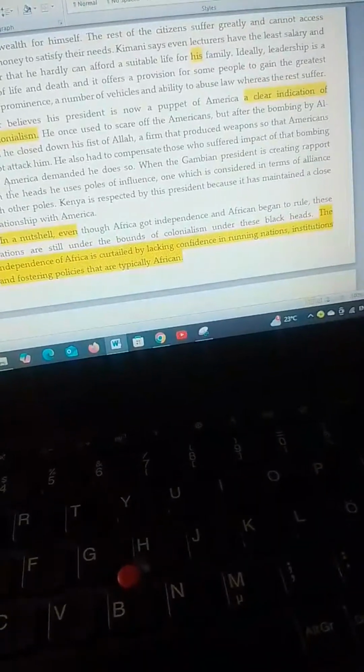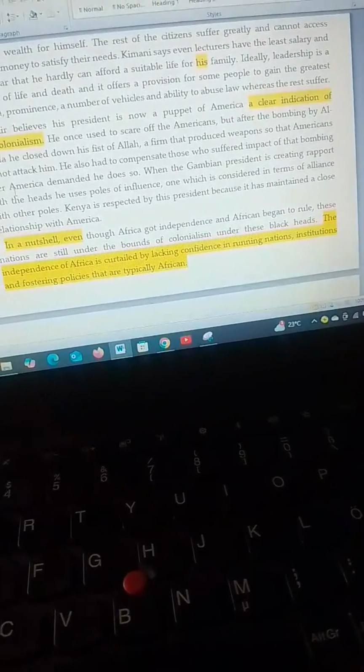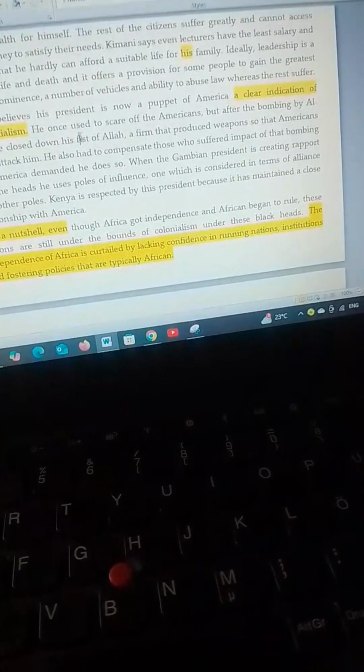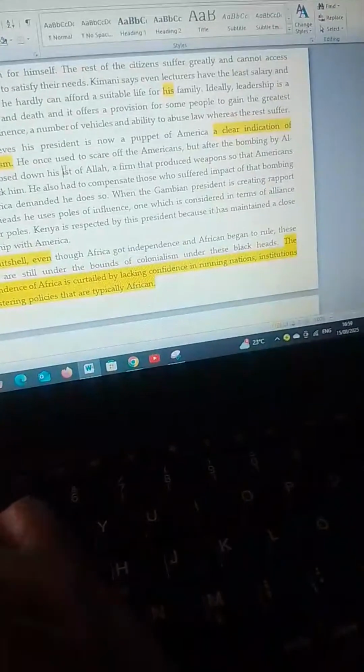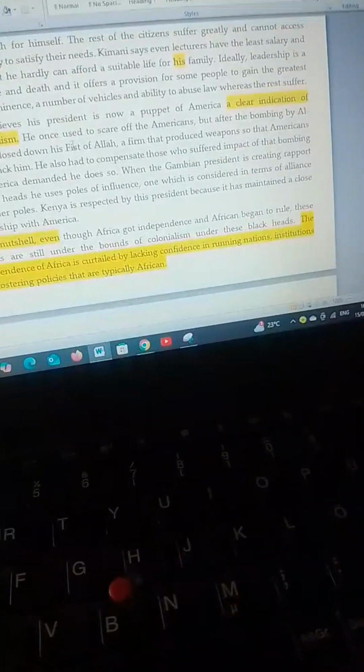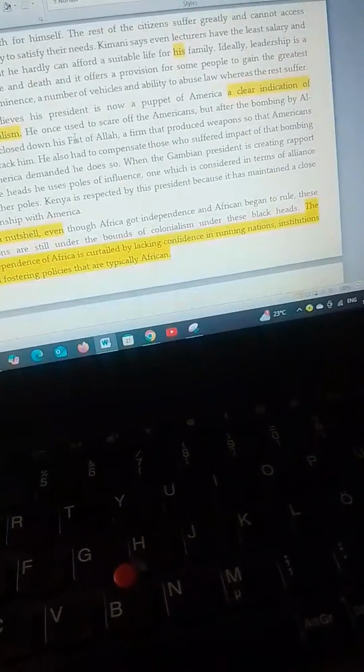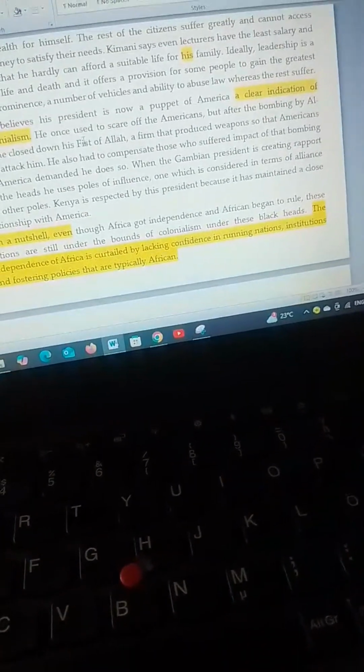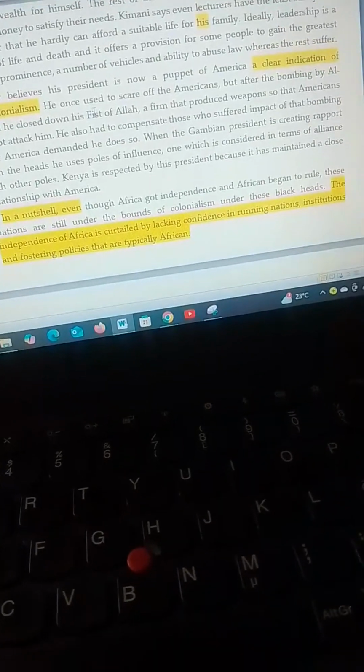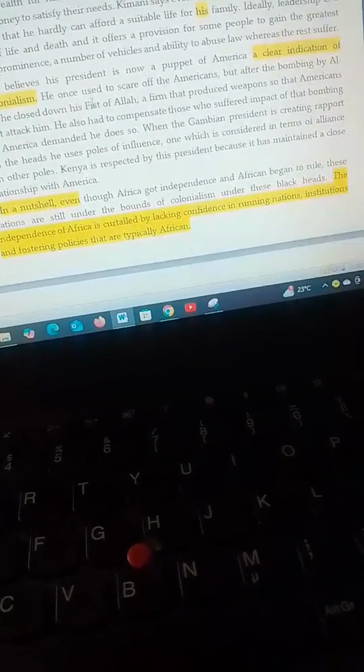However, after the bombing by Al-Qaeda, he closed down the Feast of Allah, rendering the citizens jobless. A farm that used to produce weapons and scare America. He also had to compensate those who suffered the impact of the bombing after America demanded he do so.